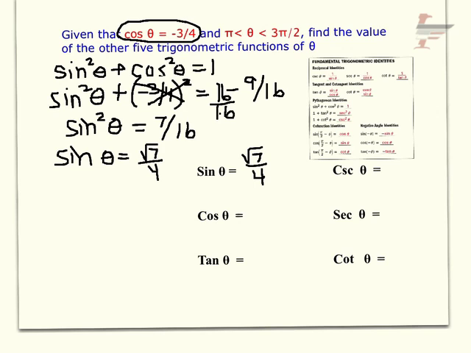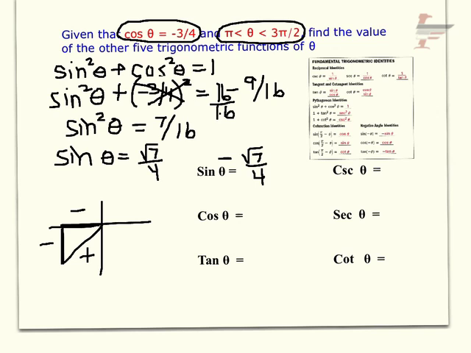But the problem is you have to think about it: you're in the third quadrant, right? So in the third quadrant, your x and y values are negative, and of course your hypotenuse is positive. So I know that my sine value is really going to be negative. Once I know my cosine is -3/4, I can fill that in.